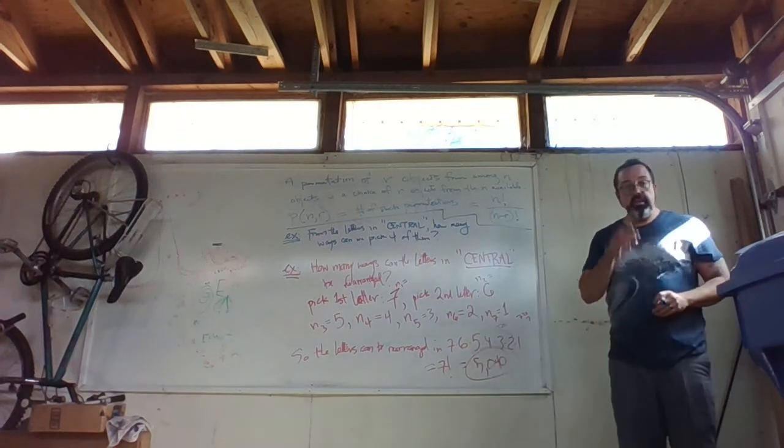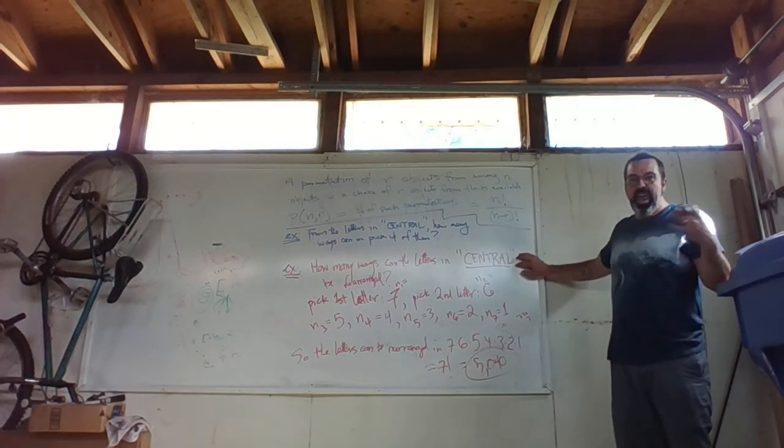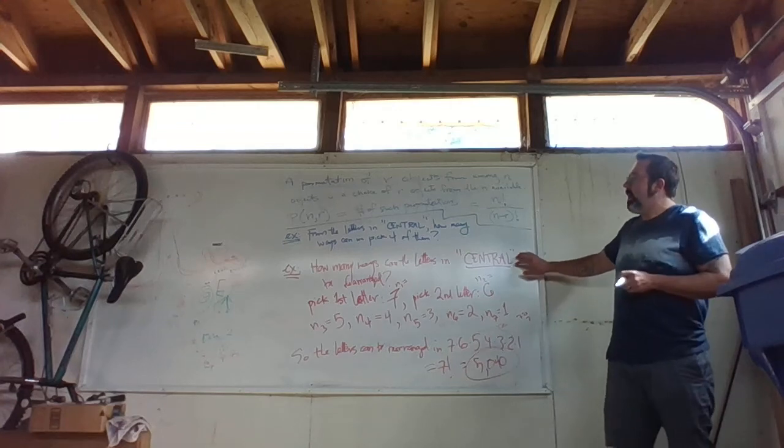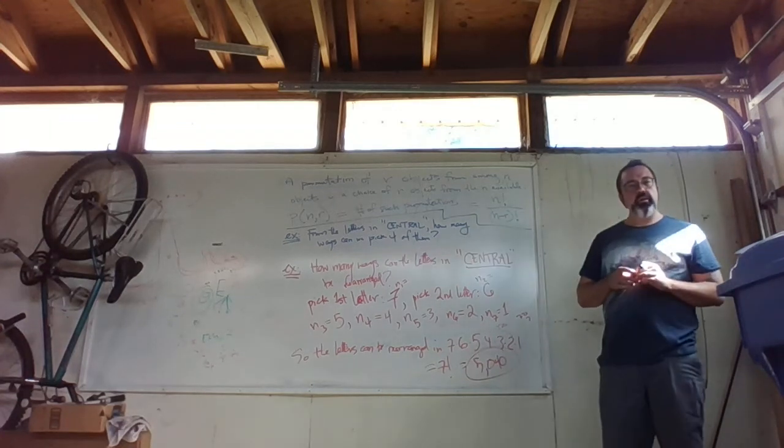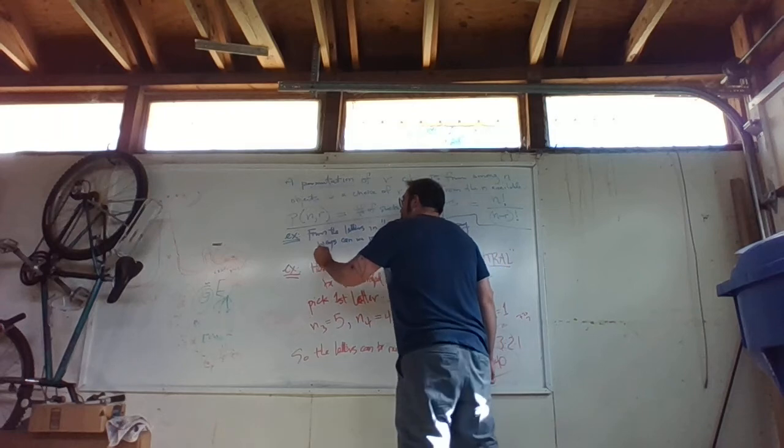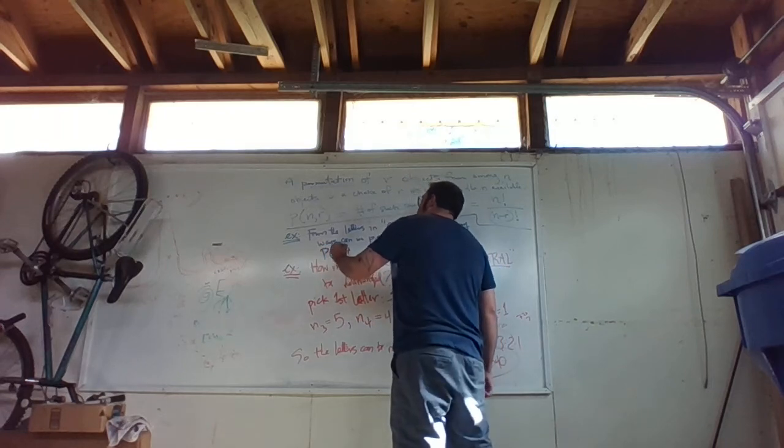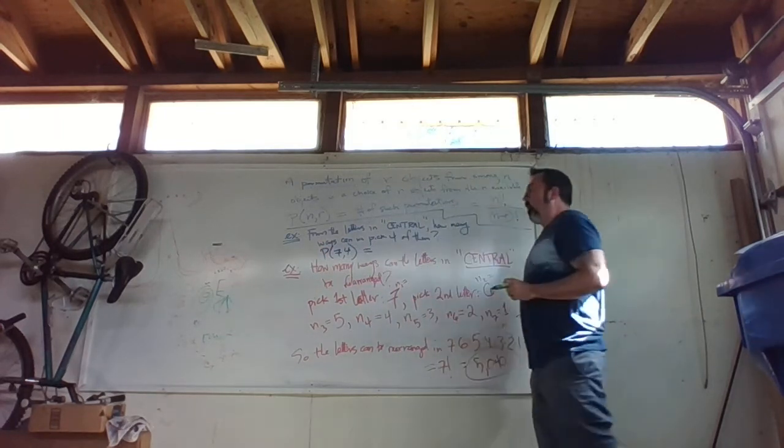So our collection has 7 objects in it, so n is going to equal 7. And we're being asked to pick 4 of them, so r is going to equal 4. So the answer is going to be P(7, 4).